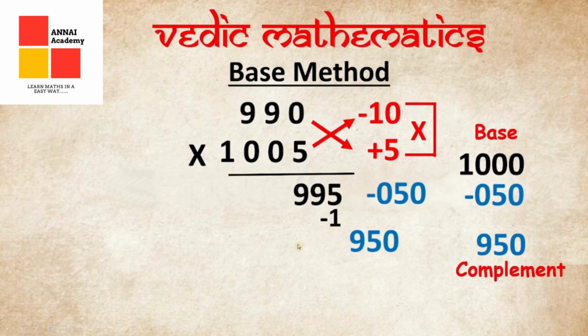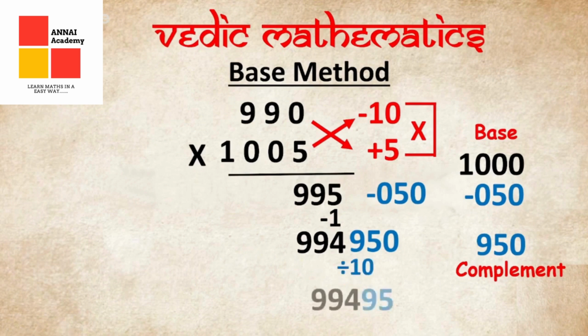You will get 994. This is the answer of your left-hand side. To equalize the base, we multiplied by 10. Now to get the final answer, we will divide by 10. So we will get 99,495. This is the answer in front of you.